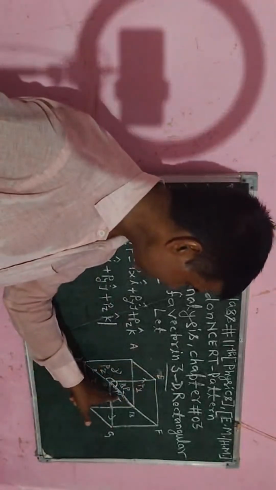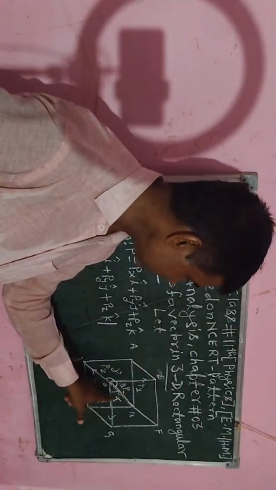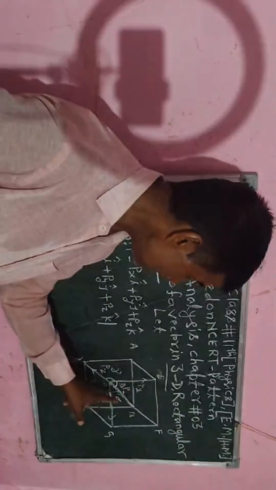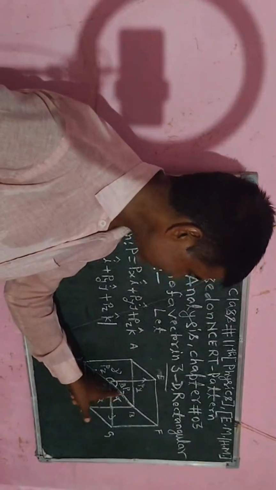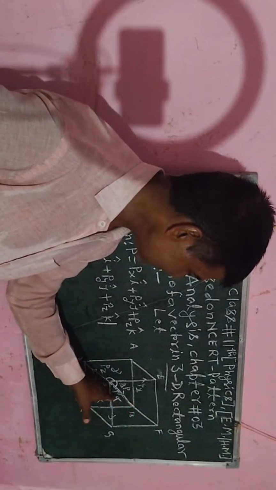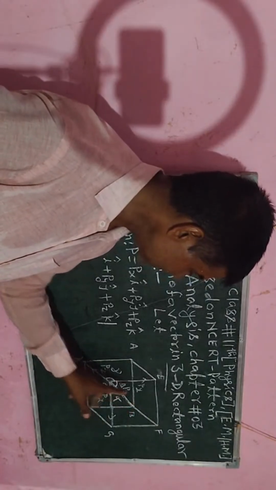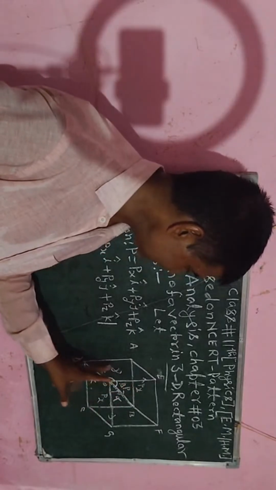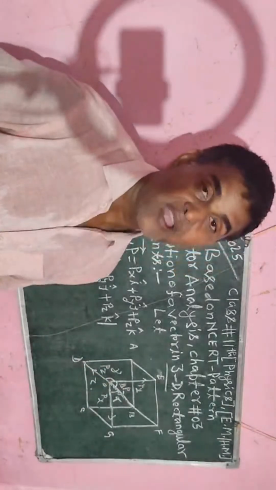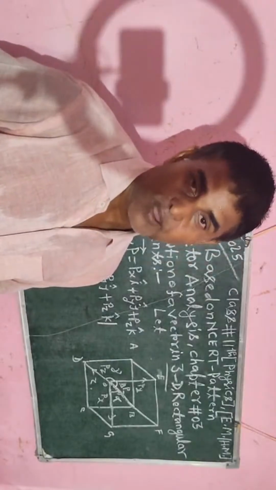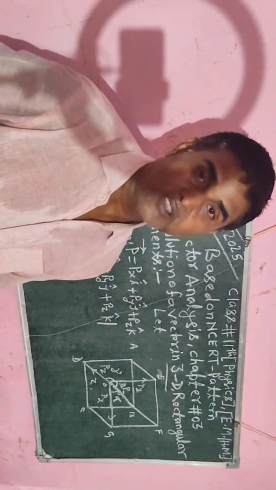The angle from the x-axis to the vector is alpha degree, similarly beta degree, and similarly gamma degree. So we have to find cos alpha, cos beta, and cos gamma.